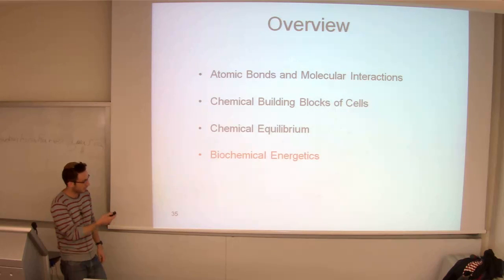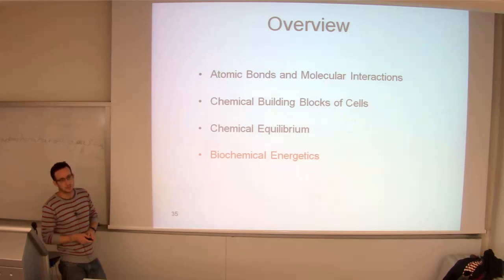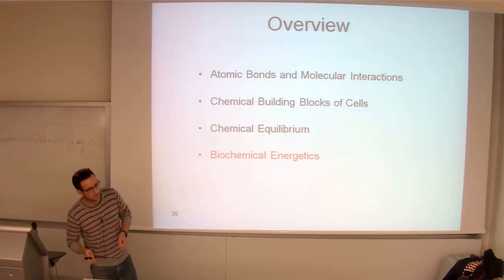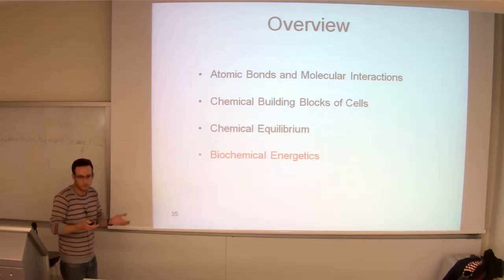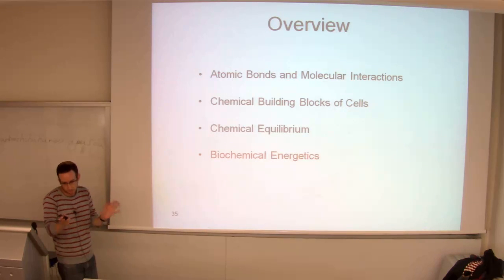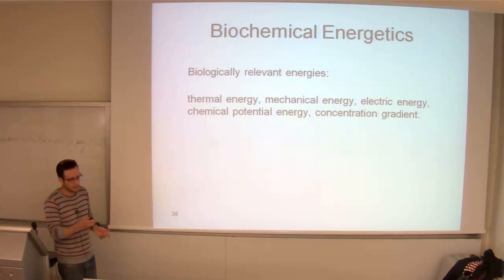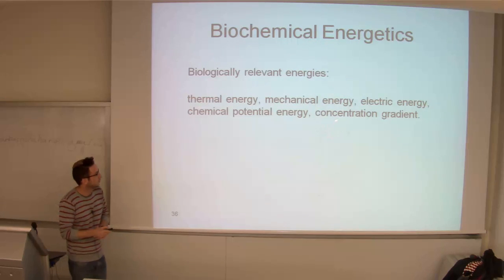So biochemical energetics. Which energies would you expect to find in the cell? Which types of energies? Chemical energy, indeed. Electric. Kinetic, I think it's kind of mechanical, the same domain of energies. So indeed, several different kinds of energies exist: thermal energy and mechanical, which I think kinetic should be inserted here, electric energy, chemical potential energy, and concentration gradient.